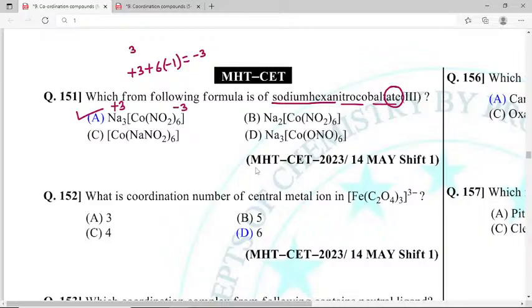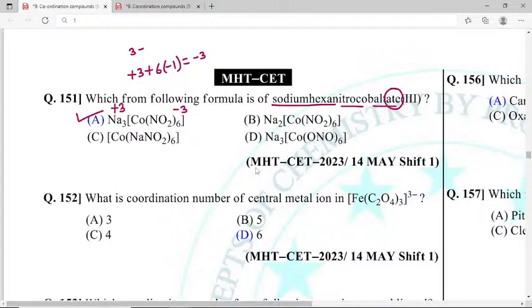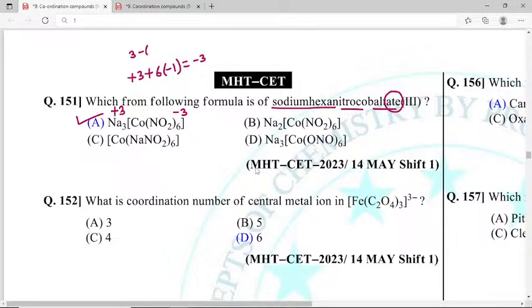So this is 3 minus 6 equal to minus 3. Correct? So option A is correct. Cross-check using oxidation number. Inside the bracket, the Roman numeral indicates the oxidation number. Always remember.